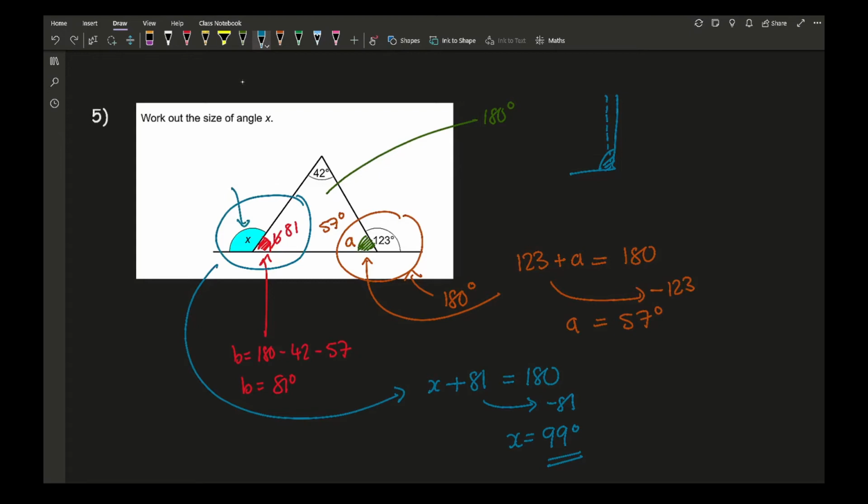Do you then start doubting your methodology? So again, the key principle to take away from these is: are diagrams ever drawn to scale? No. But an obtuse angle will always give you an obtuse answer. An acute angle will always give you an acute angle. Questions will never be drawn in a way that's going to be contradictory or to give you a different answer.